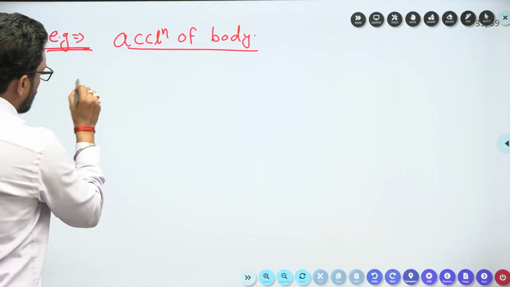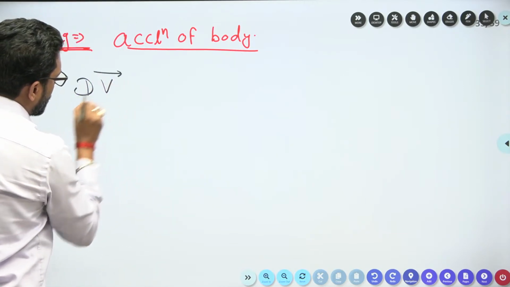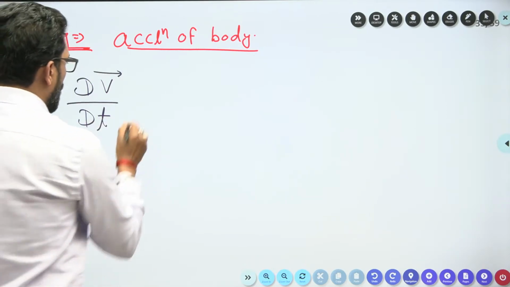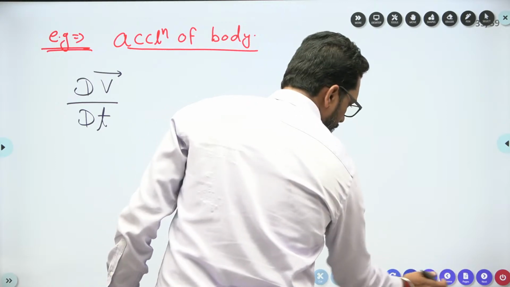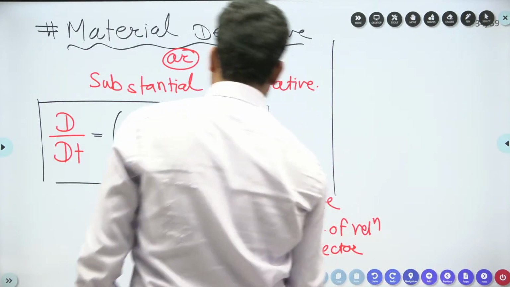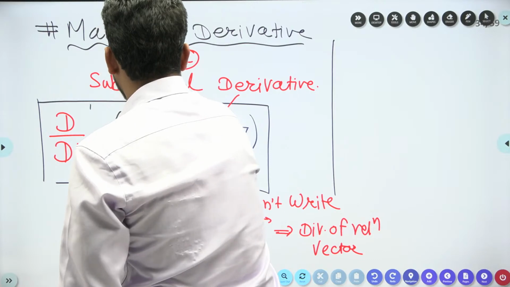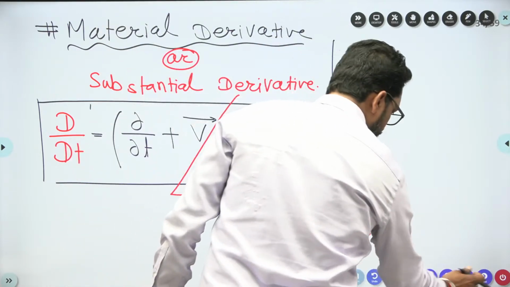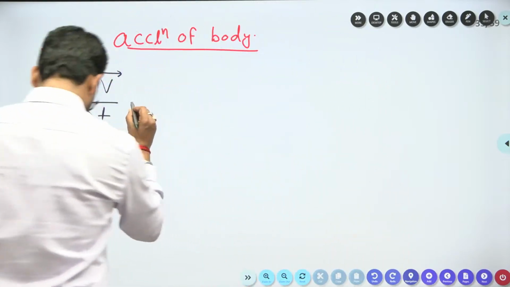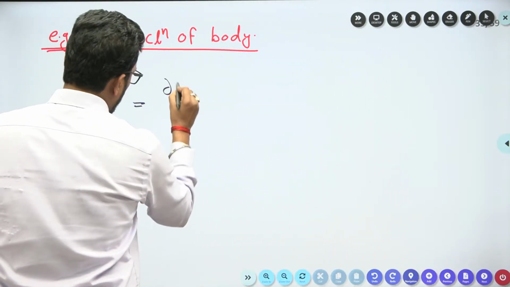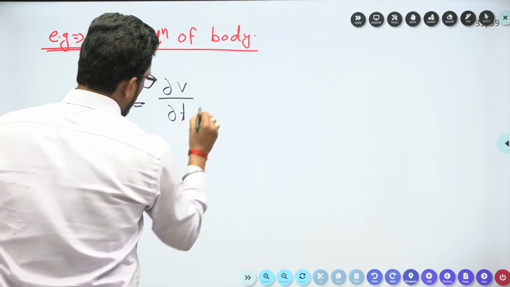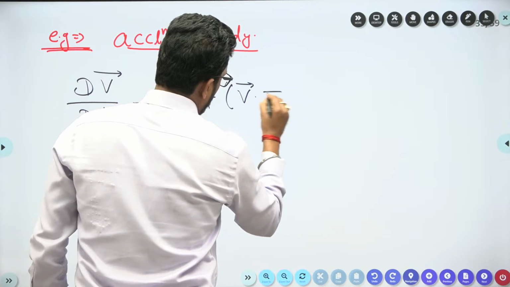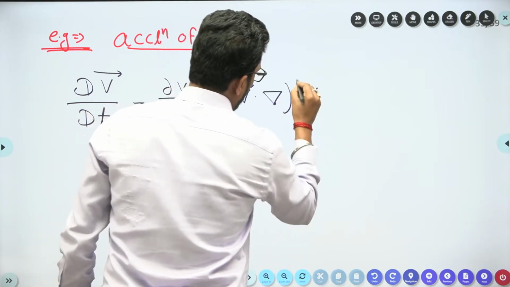That means D v vector by Dt, putting v there, v dot del applied to v. That means here we can write dou v by dou t plus v vector dot del into v vector. Yes or not?